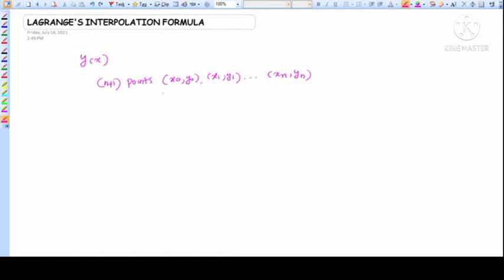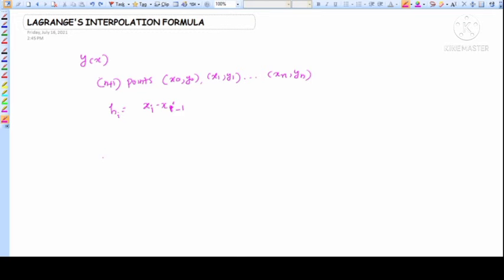Here x0, x1, we cannot write h is equal to x1 minus x0, xi minus xi-1. We cannot write h is equal to this, because the intervals must be unequal. That is, the values of x need not be equally spaced.